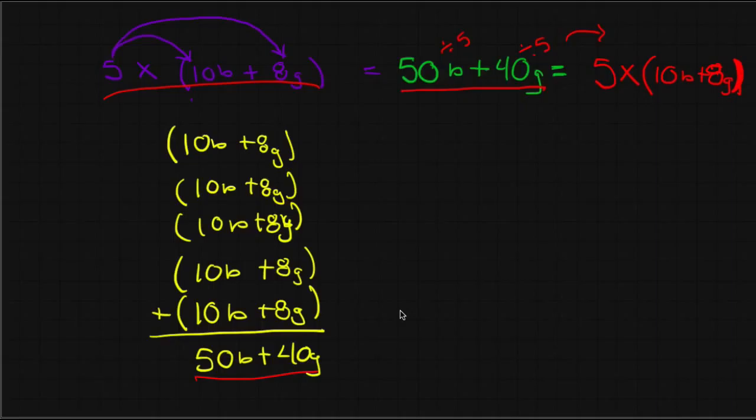Let's just say we have something like 12 plus, well, let me zoom out. Let me get a clean screen here. Let's say we have 12 plus 24, and I want to write this factored.